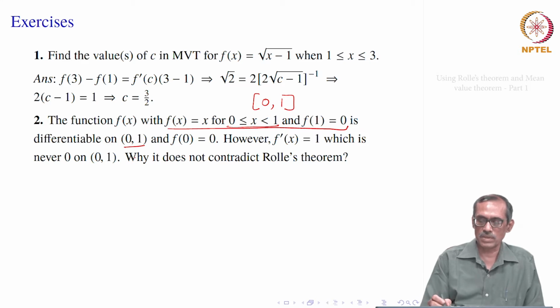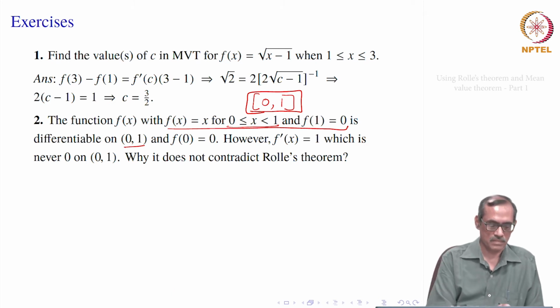So, like in Rolle's theorem, you have f of 1 equal to f of 0, which of course happens to be 0 on both sides, and f is differentiable, right, on 0 1. So, why does it not contradict Rolle's theorem? As you see, Rolle's theorem needs that f should be continuous on the closed interval 0 1, but it is not.